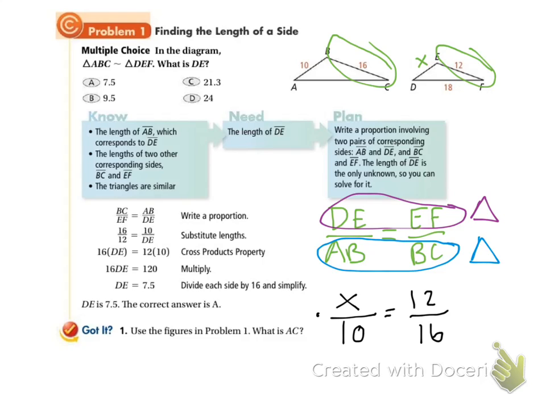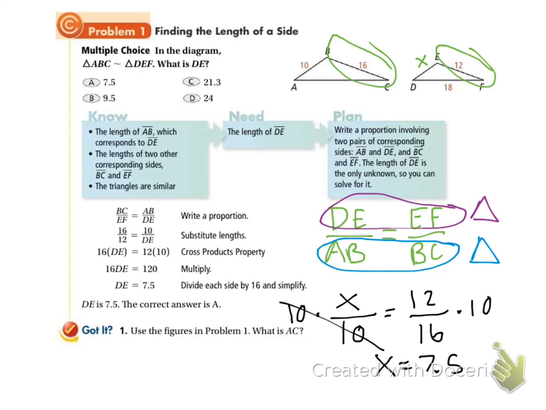Remember, I can just multiply by 10, and those cancel off. And then I can multiply that out. 12 divided by 16 gives me 0.75 times 10. I get X is equal to 7.5. So the side DE is 7.5.